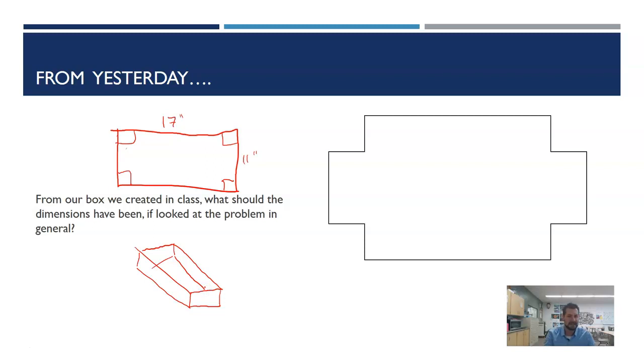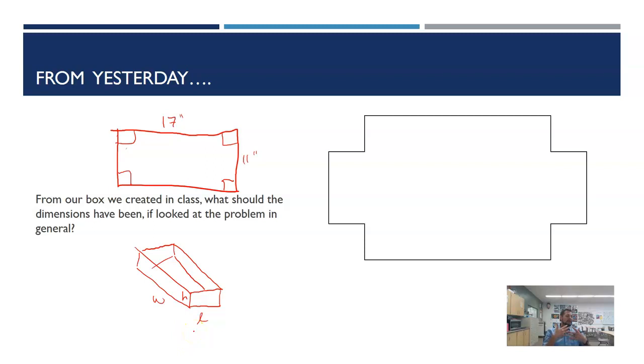I look at that and I'm like, okay, that is what my box is going to look like. Now you'll notice that you could call that shape an open box, or we could call it a rectangular prism. And the dimensions of this, originally we had a length, a width, and a height on this box.